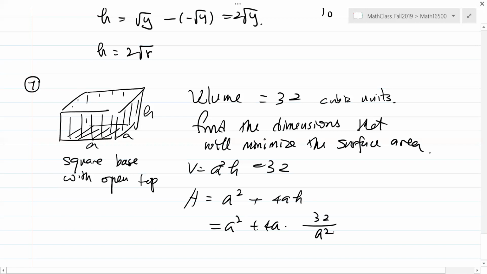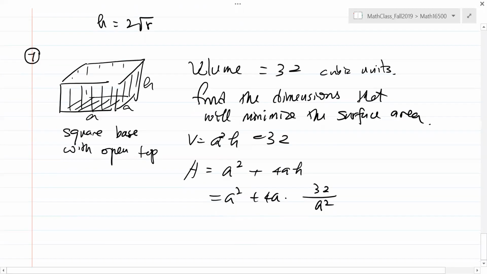So A is arbitrary, but H depends on A. A could be very small, very large. Then the box changes a lot, right? If A is very small, this will be a very long box. A shrinks, and because you want to keep the same volume, that takes more surface area, right?